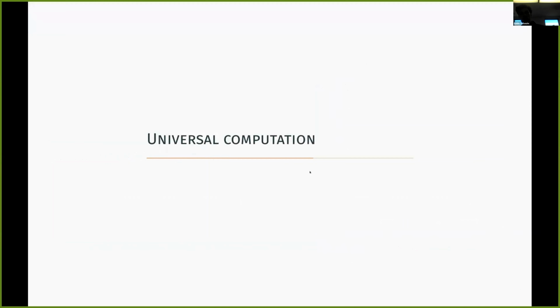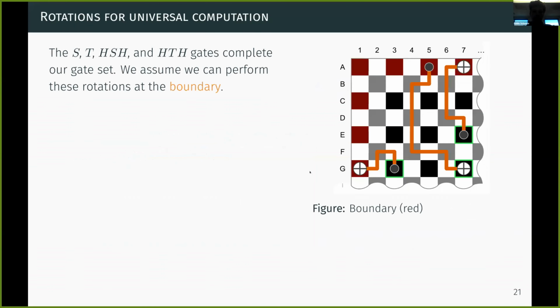Okay, so maybe you've zoned out a little bit, so we're going to zoom out a bit and complete our gate set with T gates. Additionally, there are also HSH and HDH gates. And with these gates and CNOTs and Clifford operations, we're able to complete our gate set.